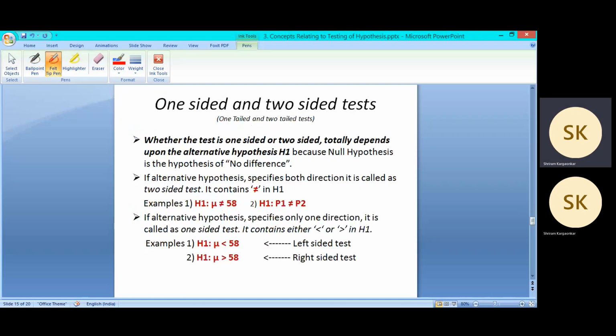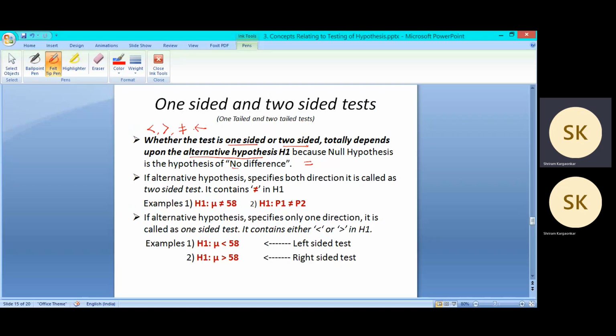Now, one-sided and two-sided test. As I said, whether the test is one-sided or two-sided totally depends upon the alternative hypothesis. Okay, because the null hypothesis has the equal to sign. Only the alternative hypothesis has less than, greater than, not equal to symbol.